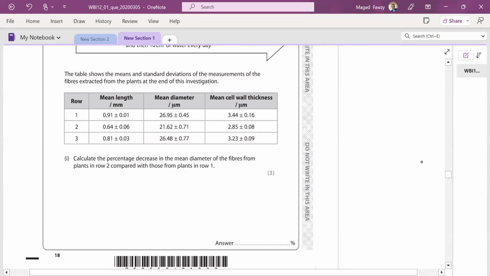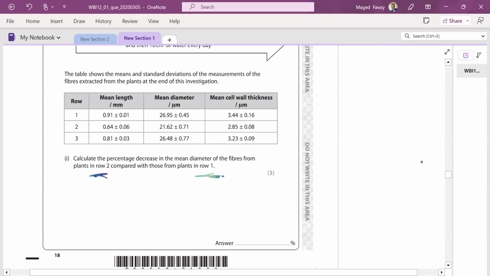Is it 19.8%? What I did is I got 26.95 minus 21.62, divided by 26.95, times 100.